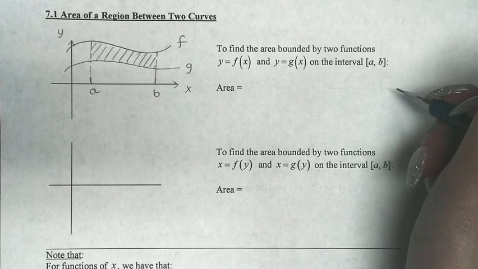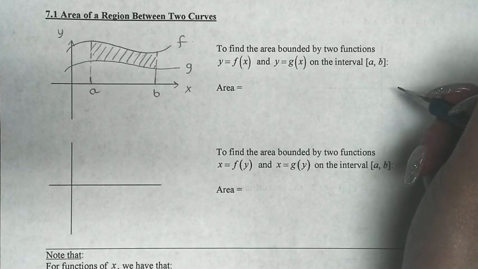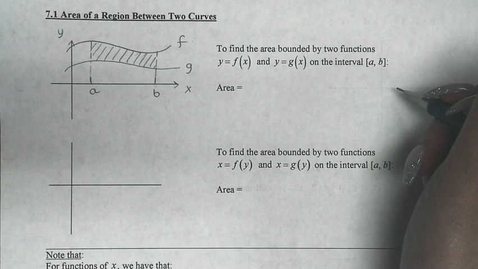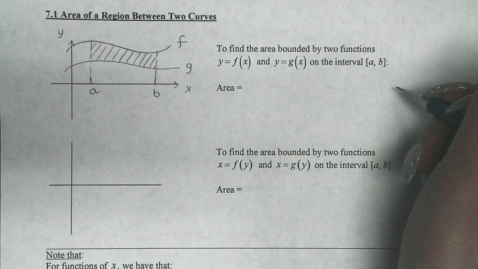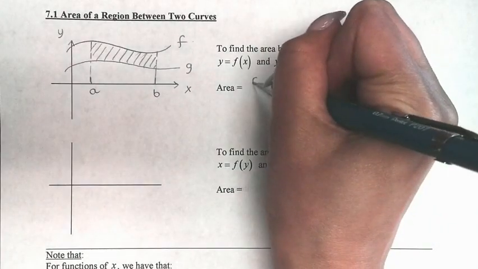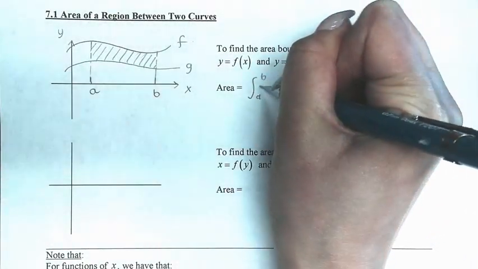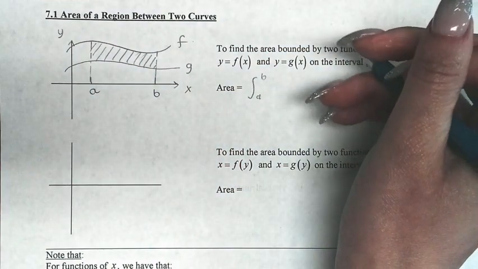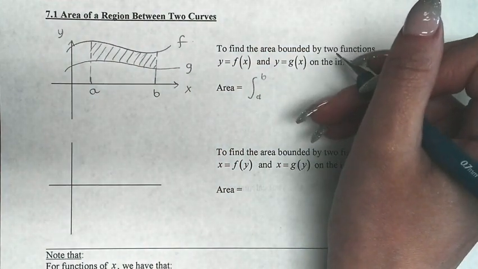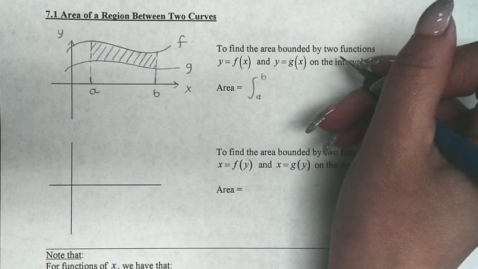Okay, so remember back when we were learning about integrals that the integral is an area. So what we're looking at here is the area from a to b, meaning the integral from a to b of what's going to be here the top secret.